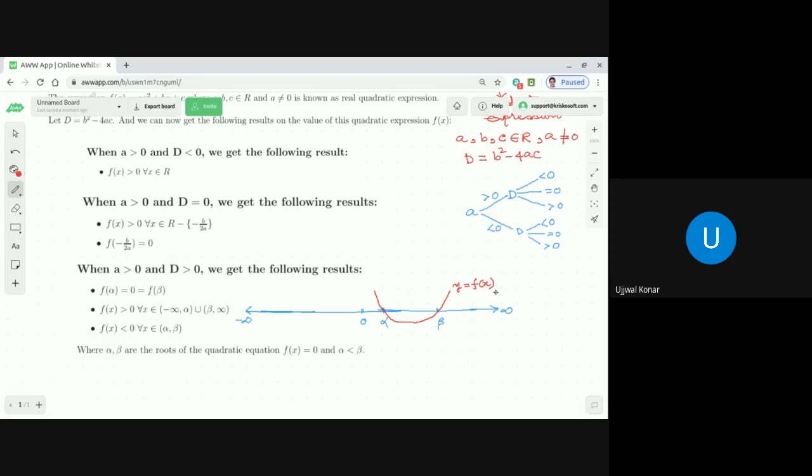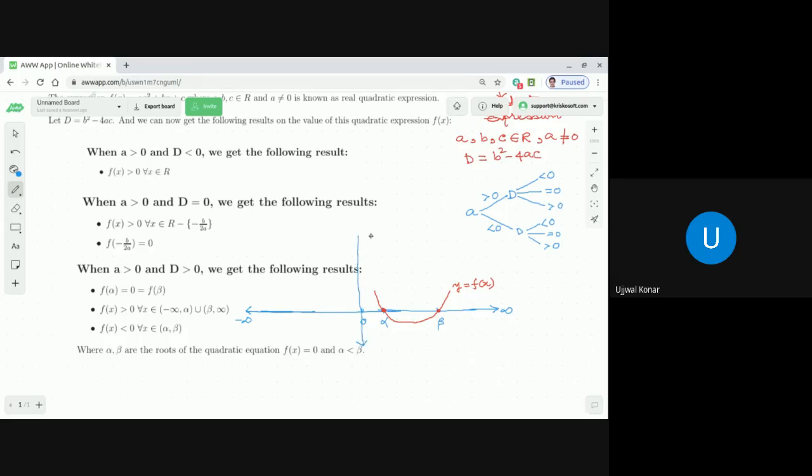If you look into it, f(alpha) equal to 0 equal to f(beta) lie on the x-axis, correct, dear students? And between alpha and beta, what we get? The f(x) is less than 0, below the x-axis. Just a minute, let me complete drawing the axis.